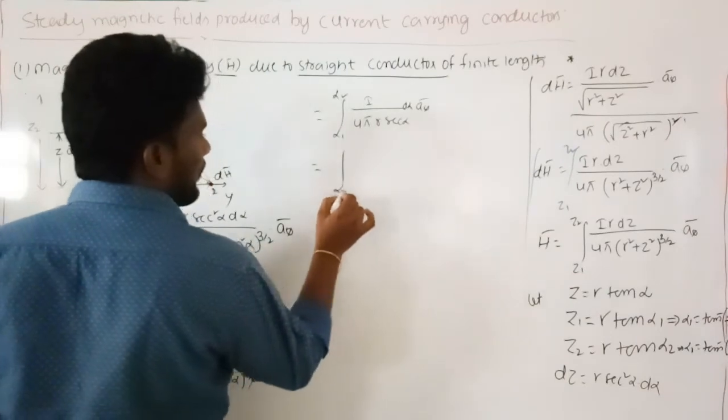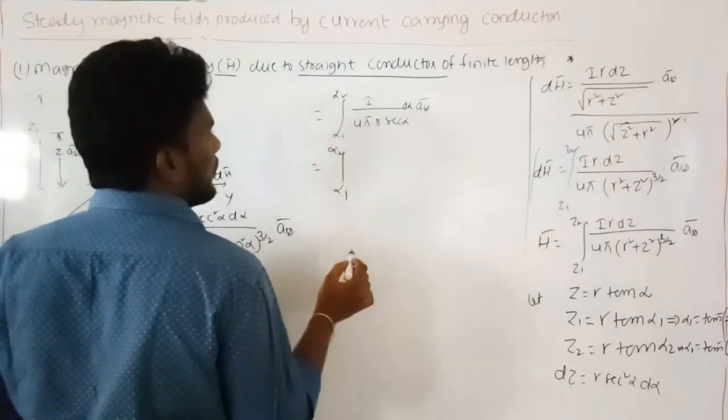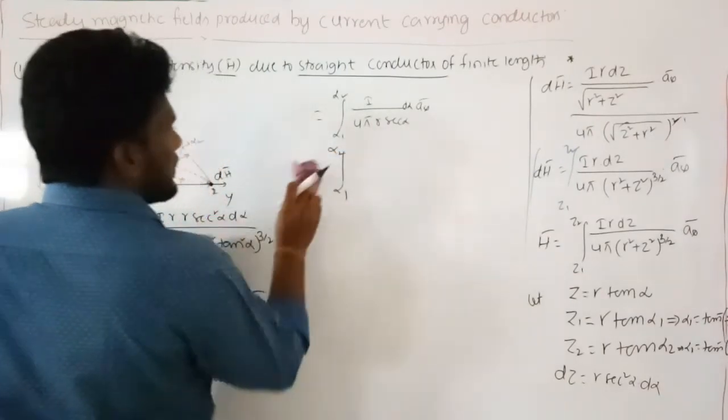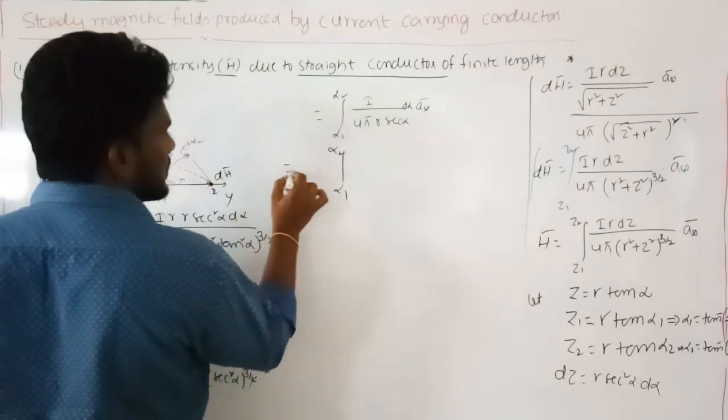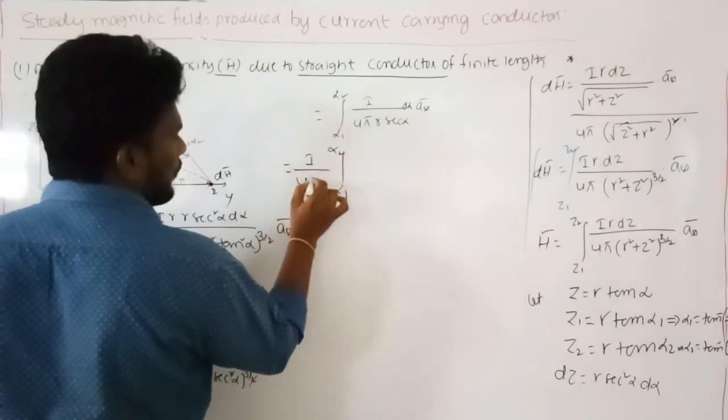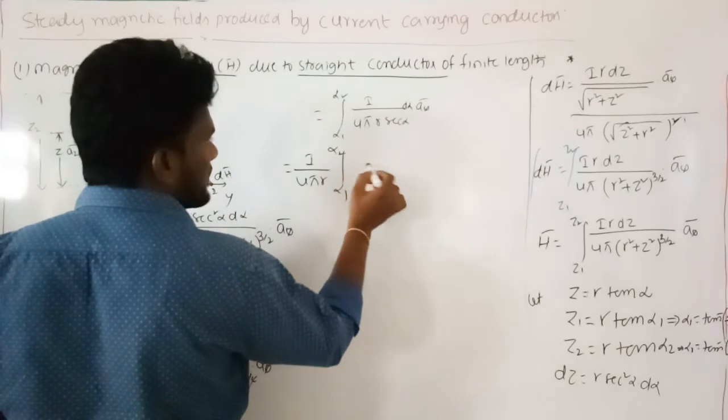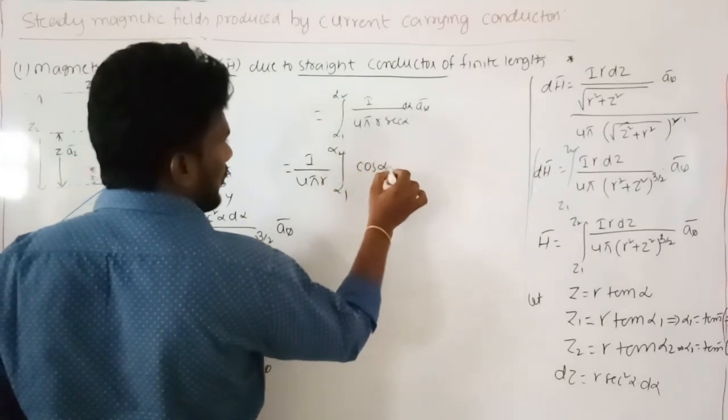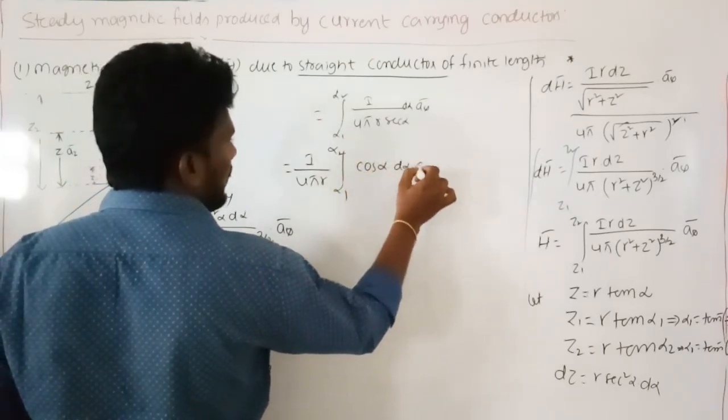So alpha 1 to alpha 2, I by 4 pi r is the constant one. 1 by secant is cos alpha d alpha a phi bar.